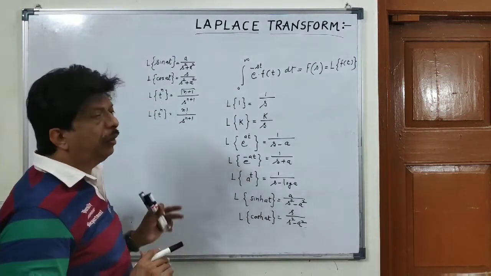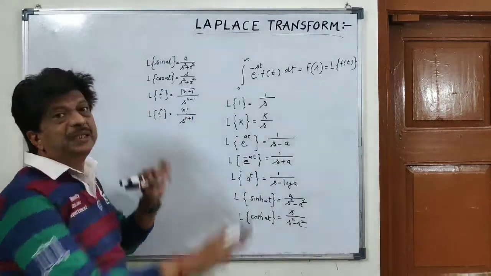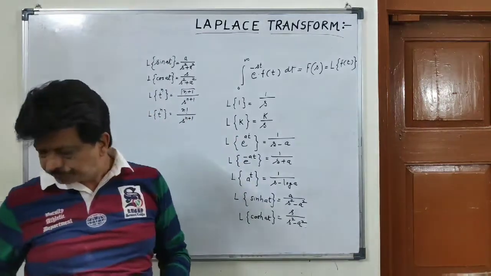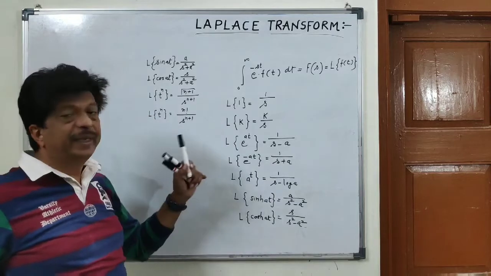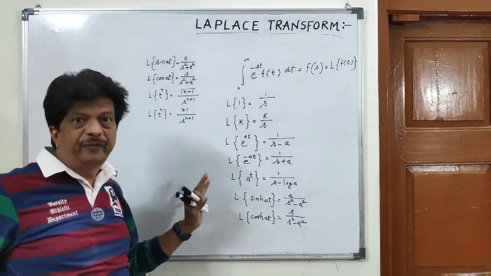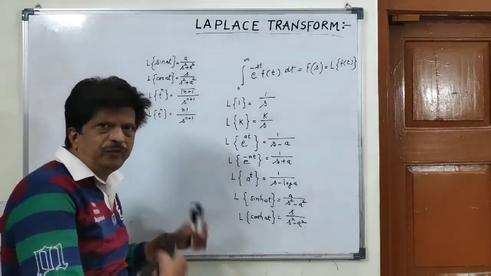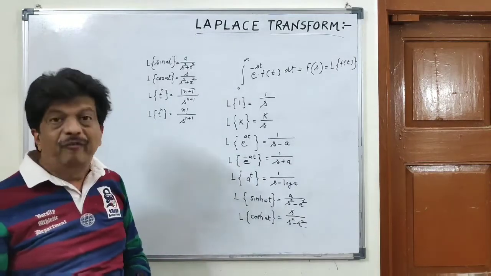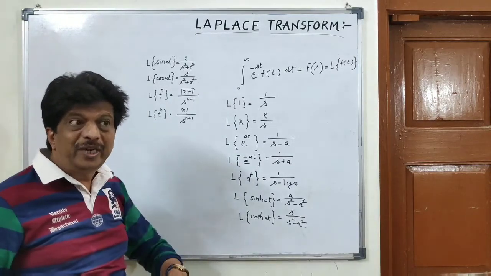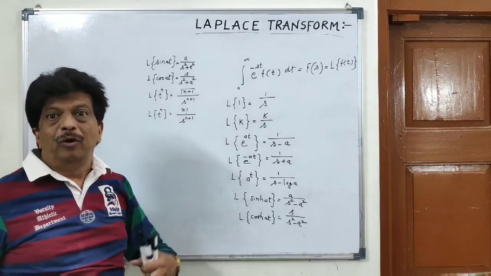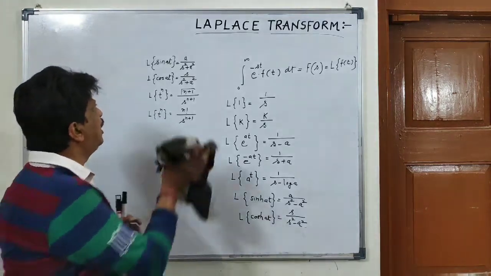So that is what we have seen in the last lecture. These are supposed to be the elementary functions. With the help of these, we shall develop the idea of finding the Laplace transform of some more functions.